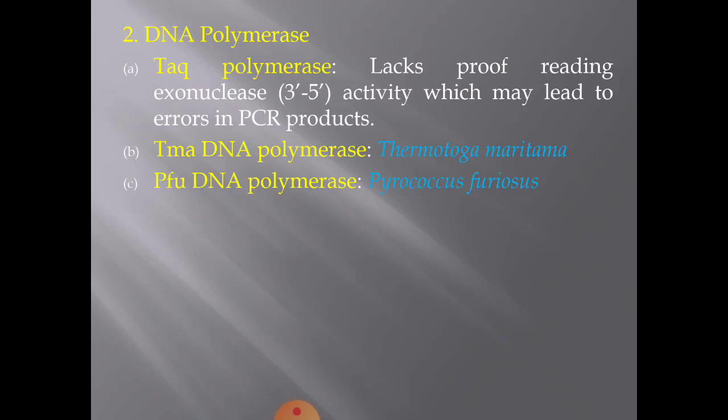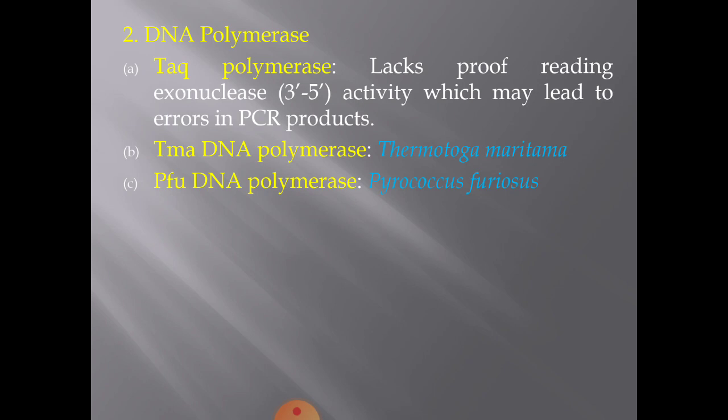Normally we make use of Taq polymerase isolated from Thermus aquaticus, but there is one drawback with this enzyme. It lacks proofreading exonuclease activity, 3' to 5' exonuclease activity. That means normally any DNA polymerase will have this proofreading exonuclease activity.